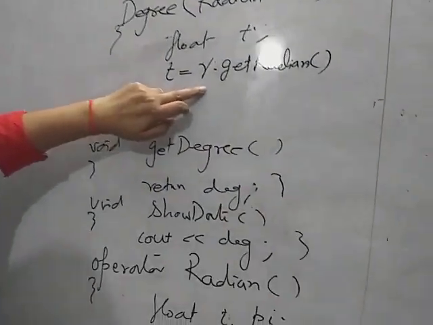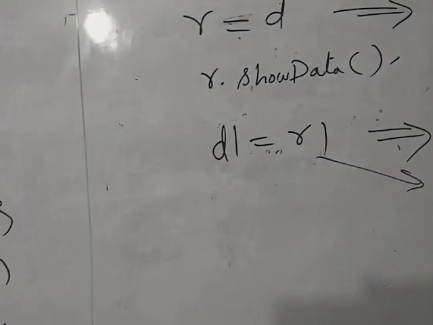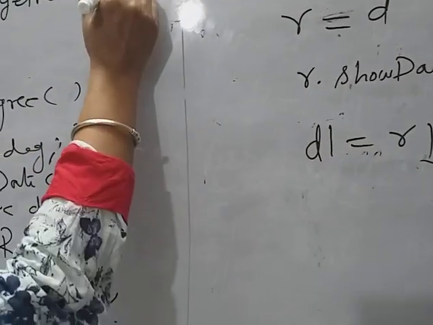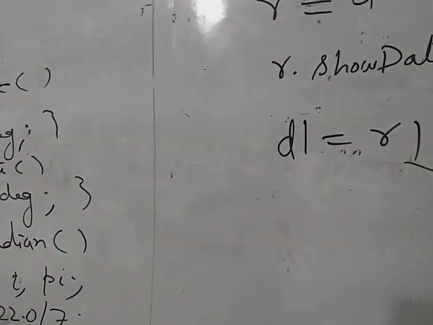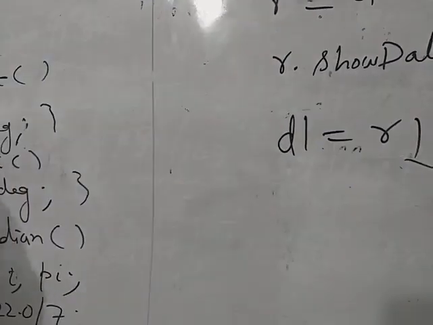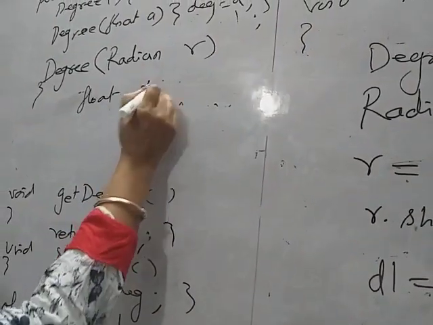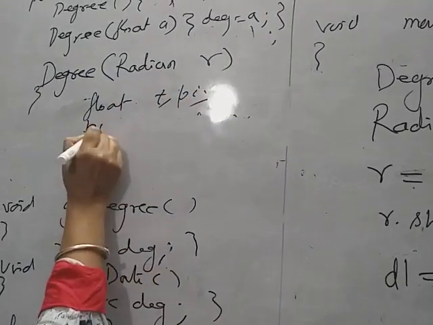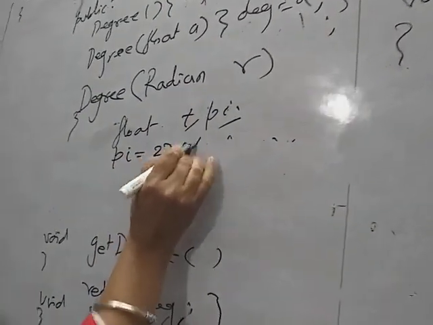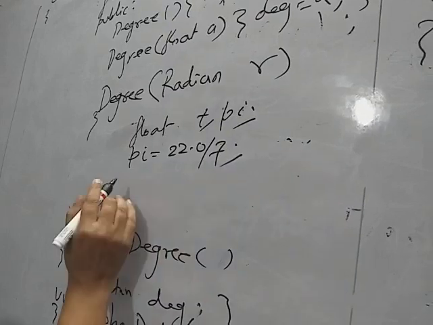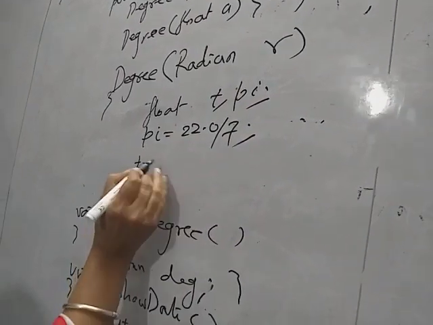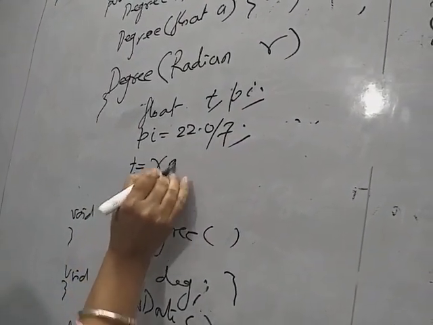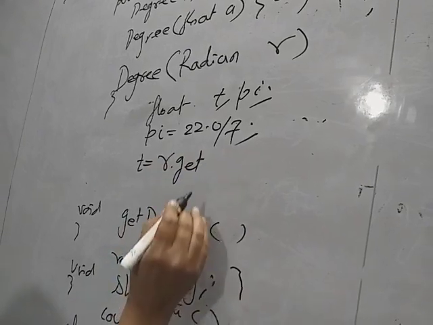Then simply, I want to convert radian into degree. So we have to compute pi also, no? So pi equal to 22.0 divided by 7, and then t equal to R dot get radian.